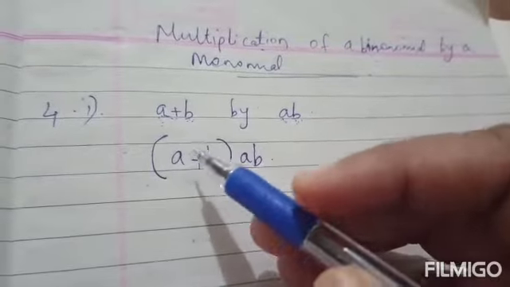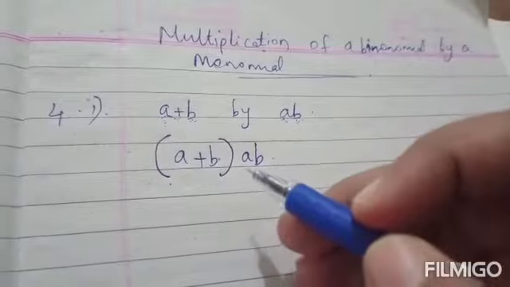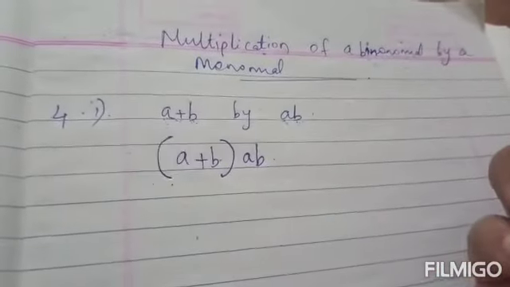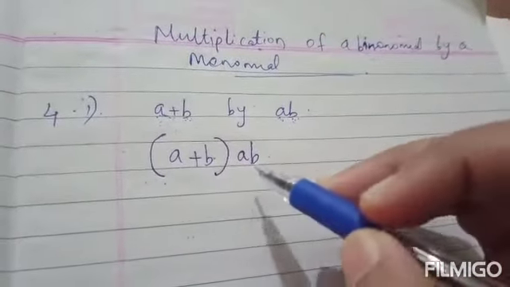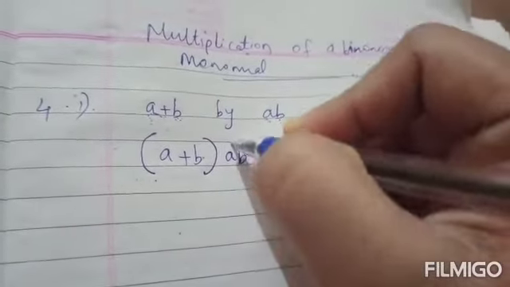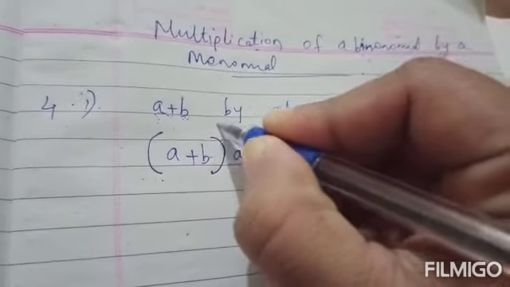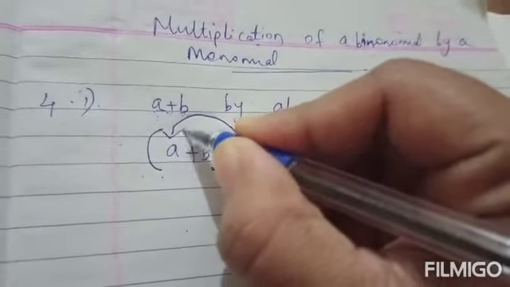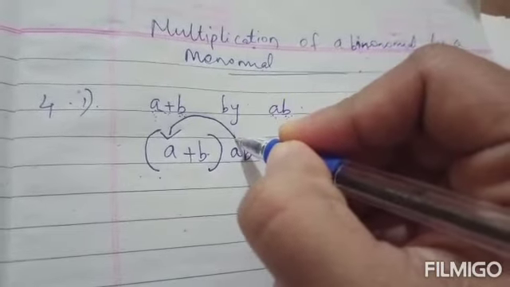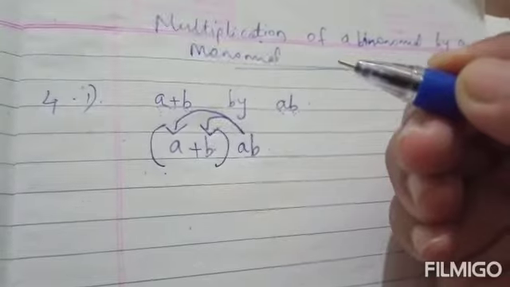If you are multiplying a binomial by a monomial, you need to put a bracket for binomial. So A plus B into AB. Now what to do is multiply this AB inside the bracket, that is AB you need to multiply with the A first, then AB you need to multiply with the B second.